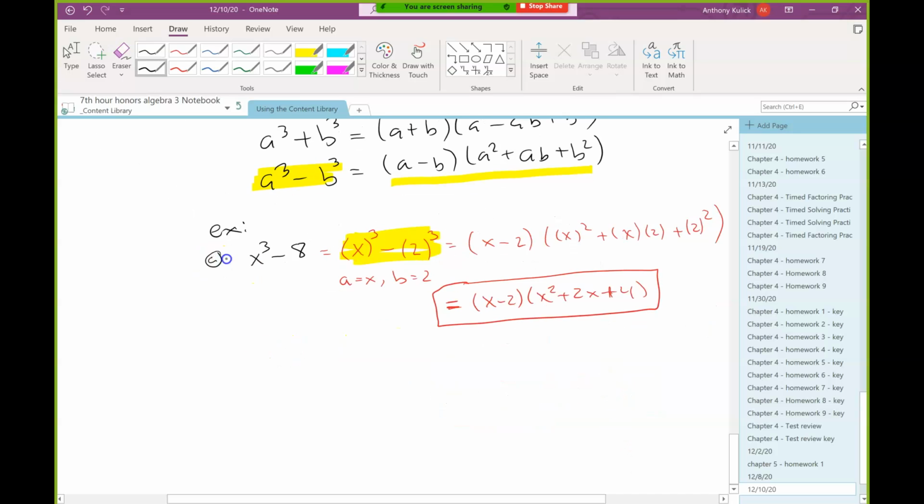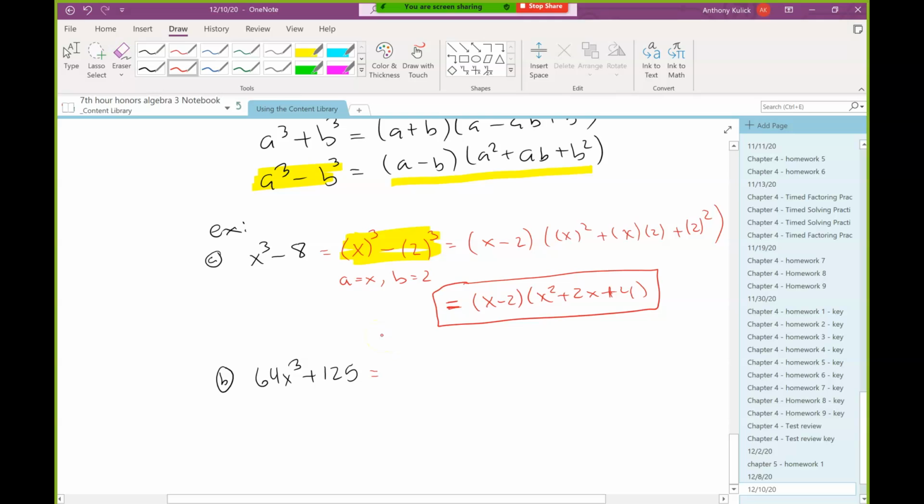Let's do one more example, and then we'll talk about the next type. So maybe we have 64x to the third plus 125. So again, I look at this and see that x to the third and just the two terms there. So I think, well, maybe this could be a sum of two cubes. But in order for that to be the case, I'd have to rewrite the 64x to the third as something to the third power.